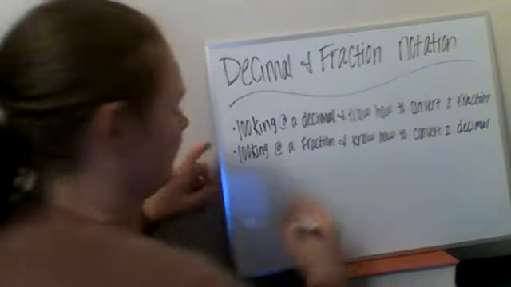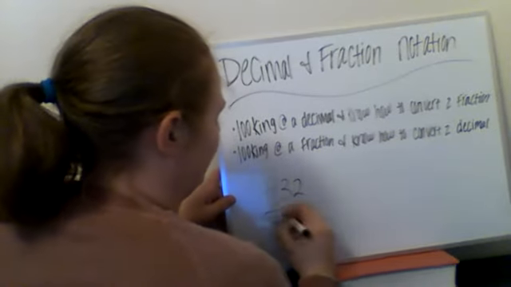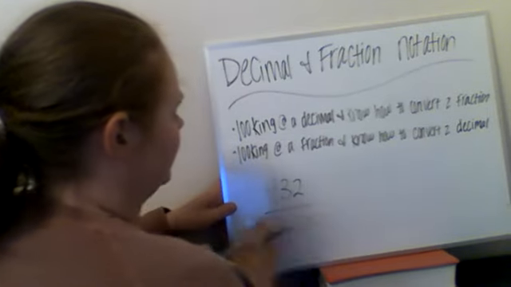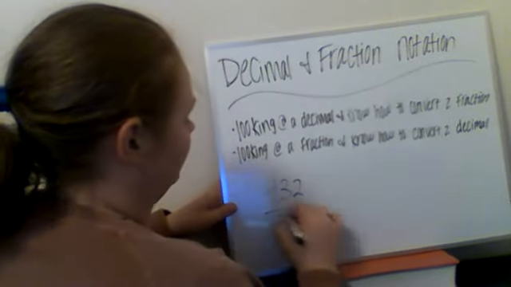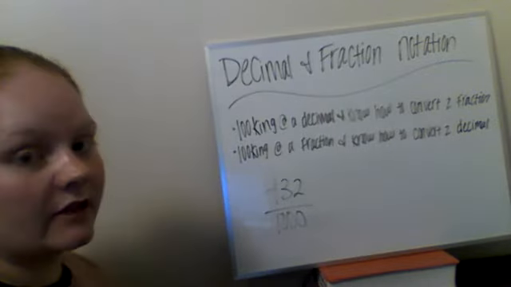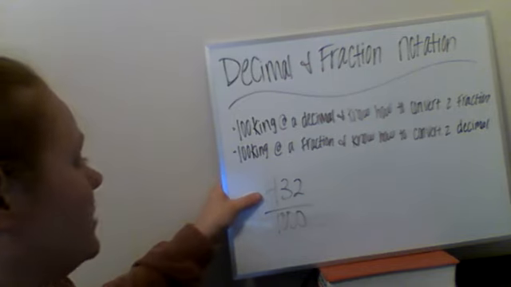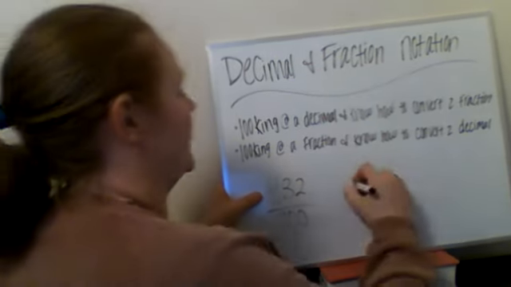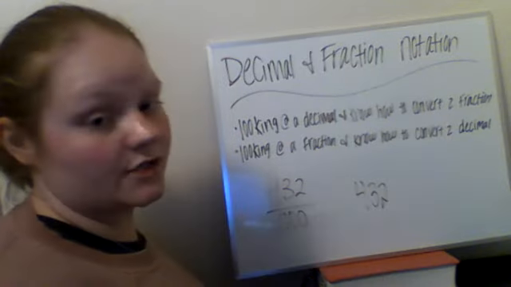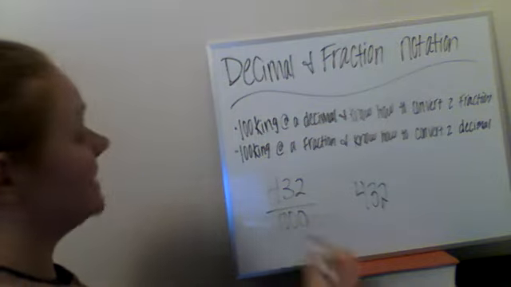So if I gave you the fraction 432 thousandths, how would I write that as a decimal? Well, my first number I would look at is 432, so I could put that just directly over here, 432. Now, what I need to look at is my denominator.